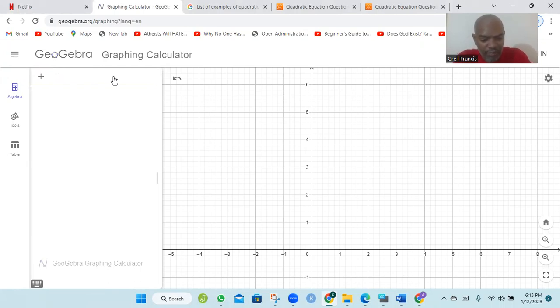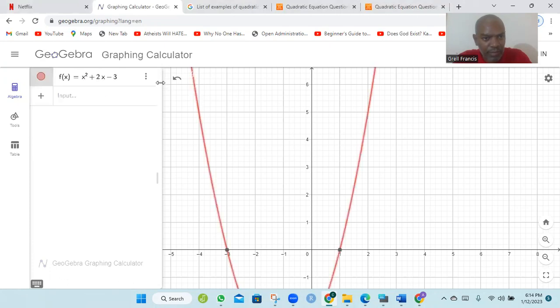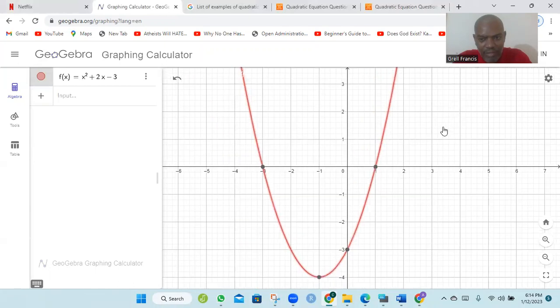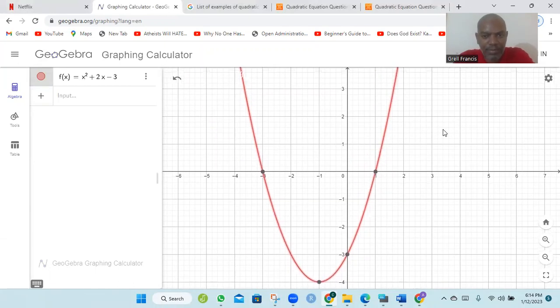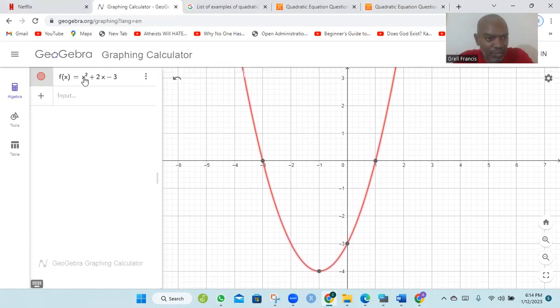So let's say you have 1x squared plus 2x minus 3, or x squared plus 2x minus 3. As you can clearly see, we have a U shape for our parabola because the value of a is 1.